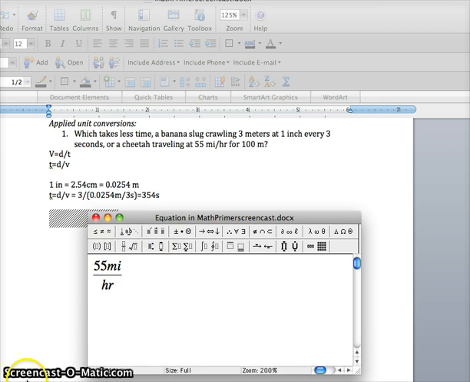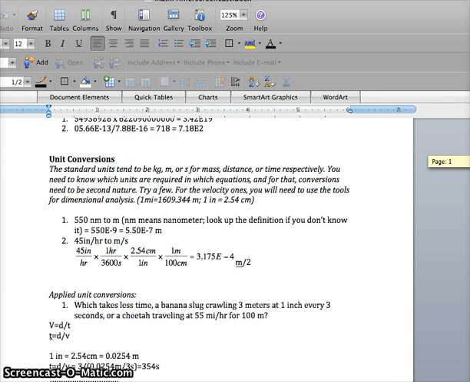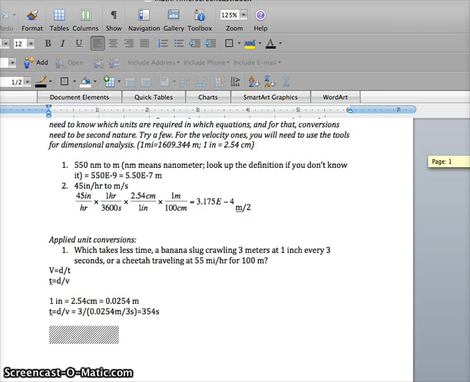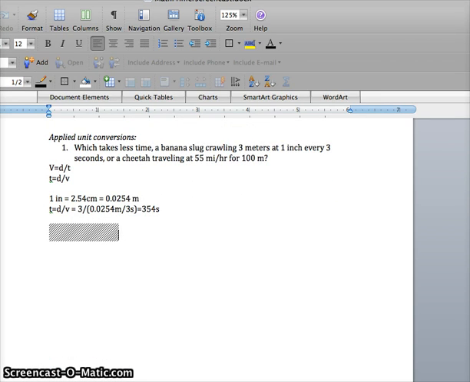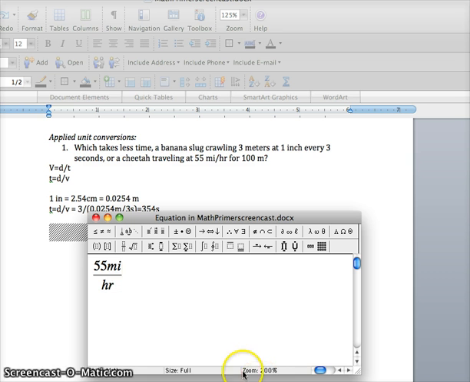I gave the conversion factors above. The easy one is 1 hour is 3,600 seconds.